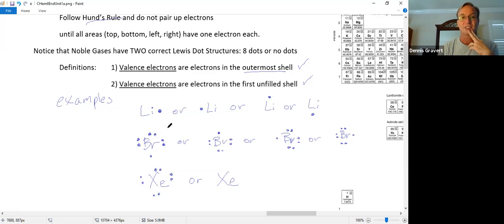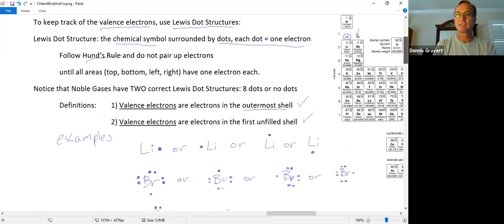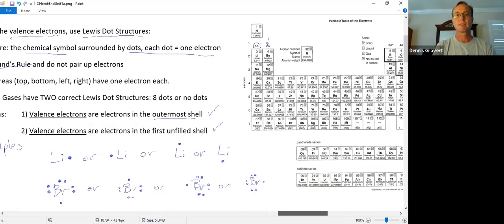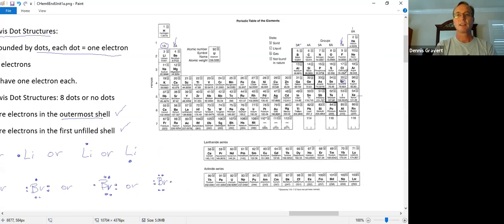But we could also define valence electrons as the first unfilled shell, right? So if we go back to lithium and ask about its electron configuration, we would say, okay, lithium, you're element 3. Where are the 3 electrons? Well, the first electron's like hydrogen, row 1, s block.